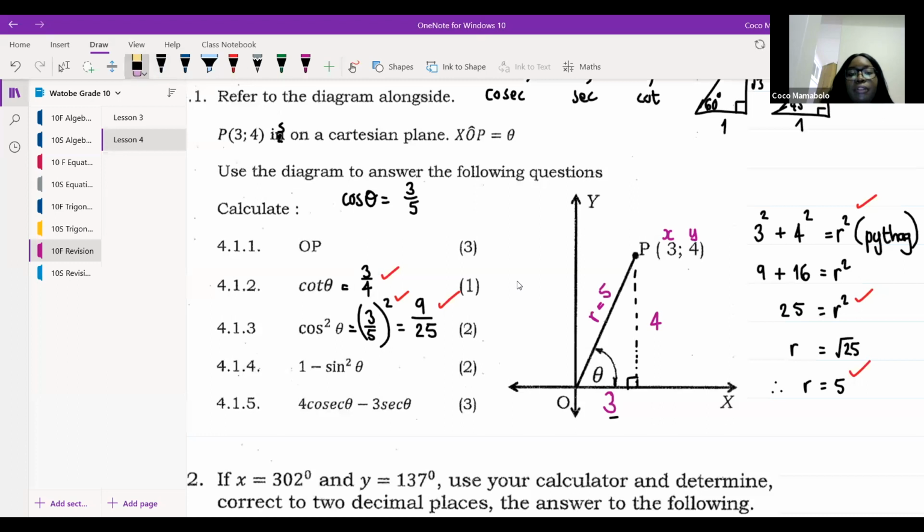Sorry, not sine squared theta, sine of theta. Look at the drawing and find me sine of theta. What is sine of theta? Good, Amy, that's what I was looking for.